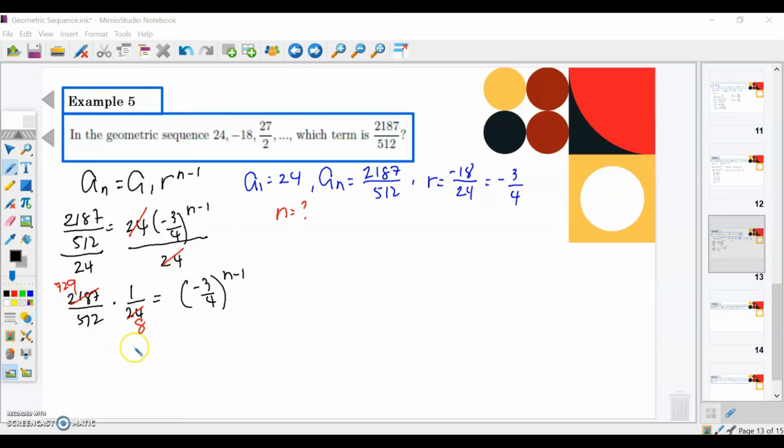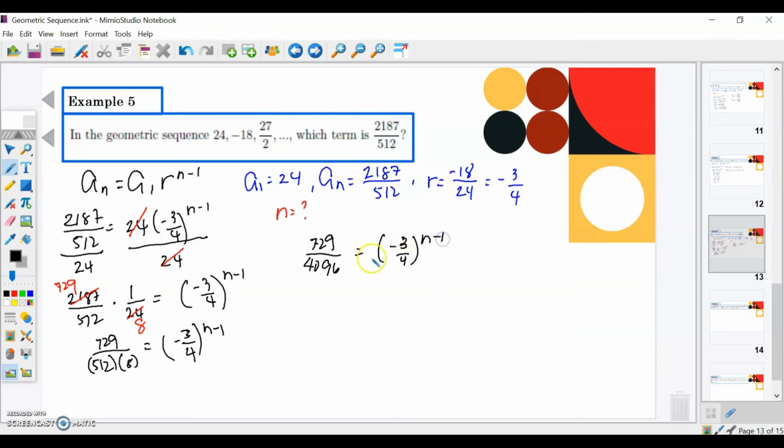So on the left side, we will just have 729 over 512 multiplied by 8, which is equal to the quantity negative 3/4 raised to n minus 1. Simplifying the left side of the equation, this is equal to 729 over 4,096, which is equal to negative 3/4 raised to n minus 1.